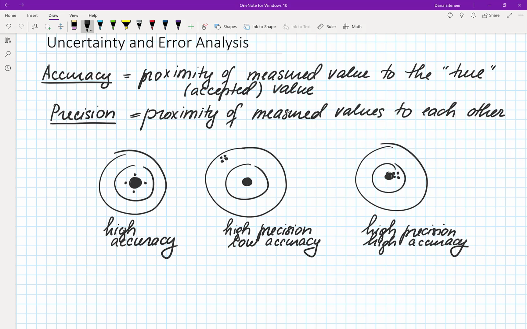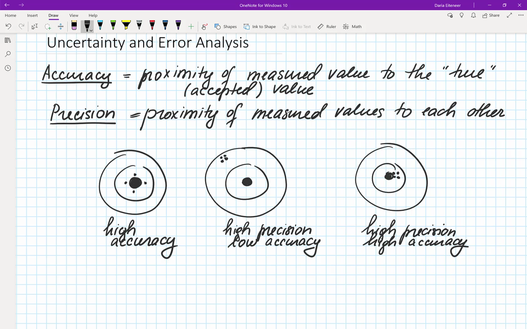So every time that you're analyzing experimental results, not just in this class, but going forward as well, and not necessarily only in physics, but in other disciplines as well, think about not just getting the quote-unquote right number, but also how reproducible your results are. So imagine this target, this dartboard, and imagine throwing the darts at it.